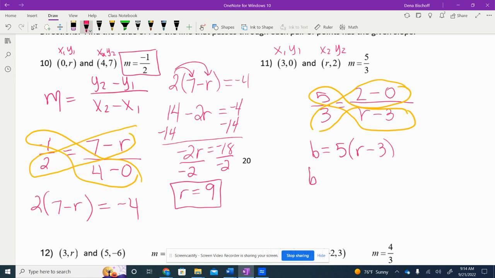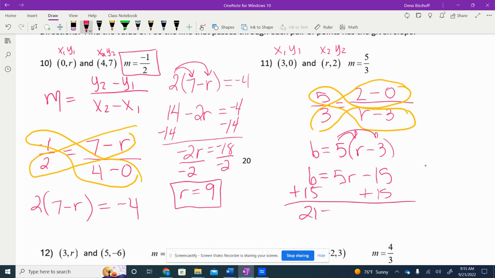So 6 equals what? What do I have to do? Distribute. So 6 equals 5r minus 15. What should I do next? Add 15 to both sides.